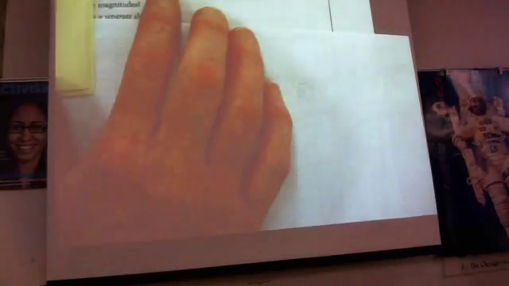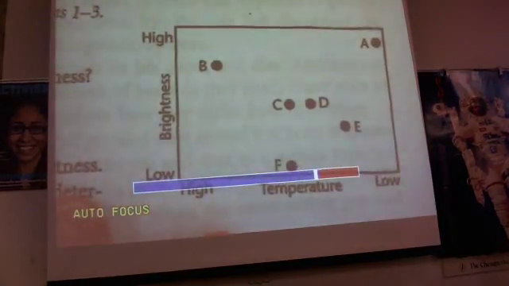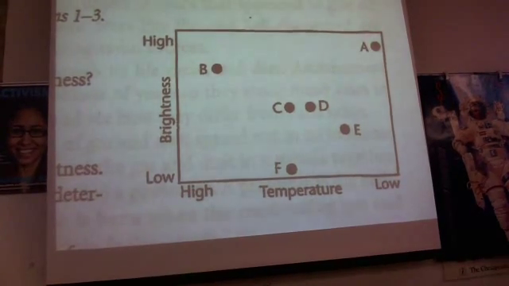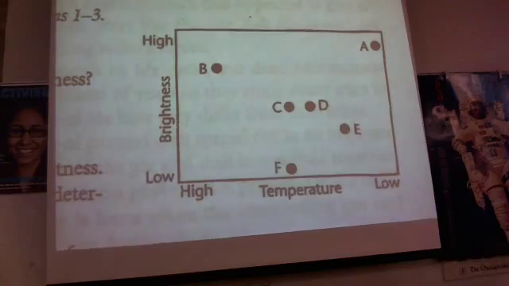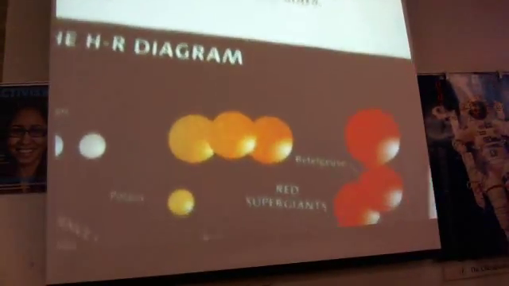It's usually called the HR diagram, and I want to bring a little bit more life to it than just a bunch of dots. In your book, it looks like this. It's on page 626.